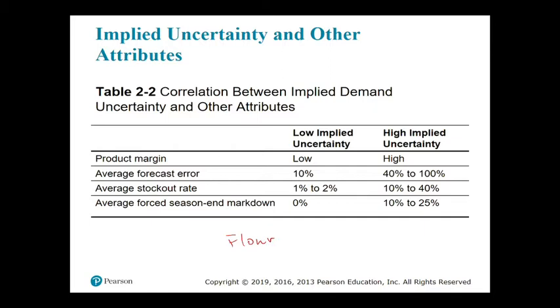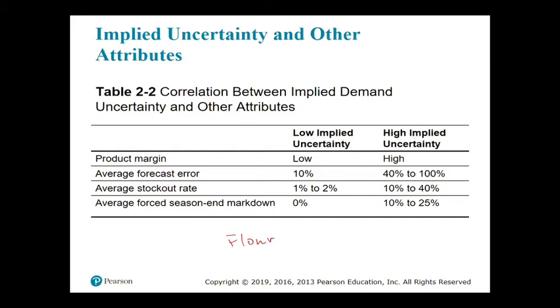Low demand uncertainty, right? Flour is a day-to-day food item. The demand for flour should be relatively stable over time. So then you can see that the profit margin of selling a unit of flour is very low as well, and you'll be able to forecast the demand relatively accurately.